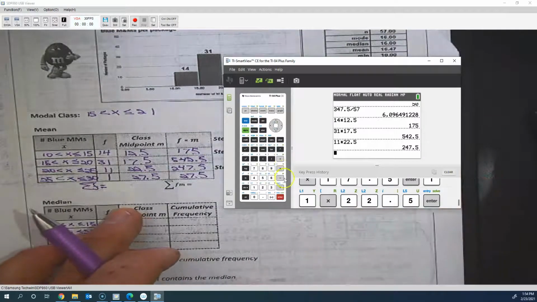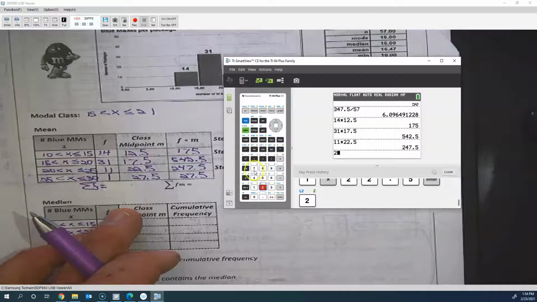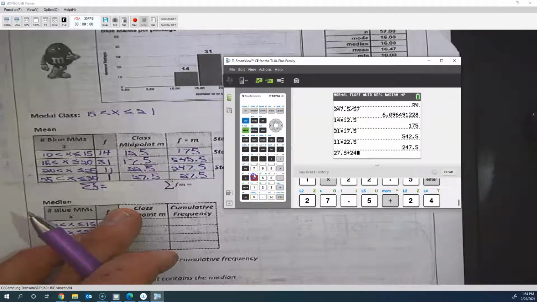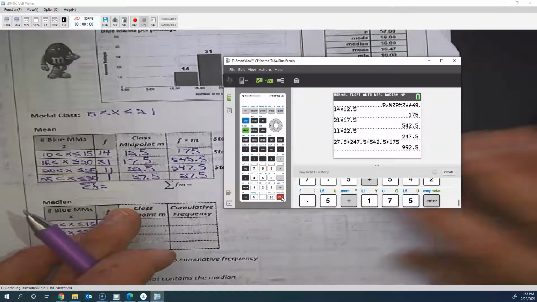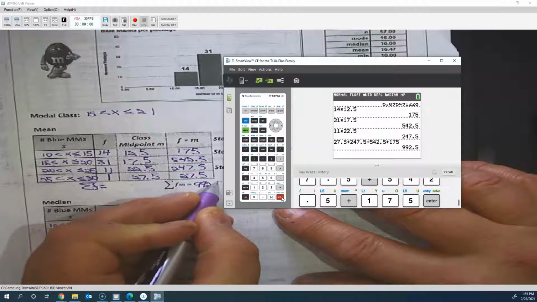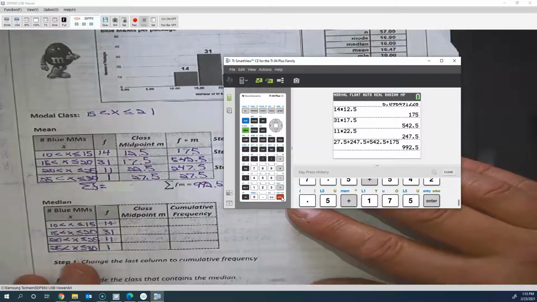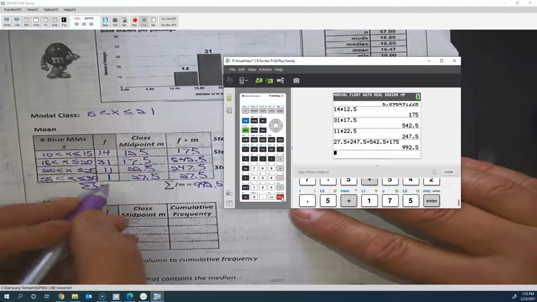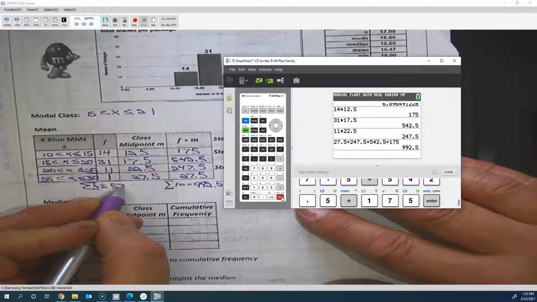And now I'm going to add up all those guys. And over here, I know my frequency is 57.